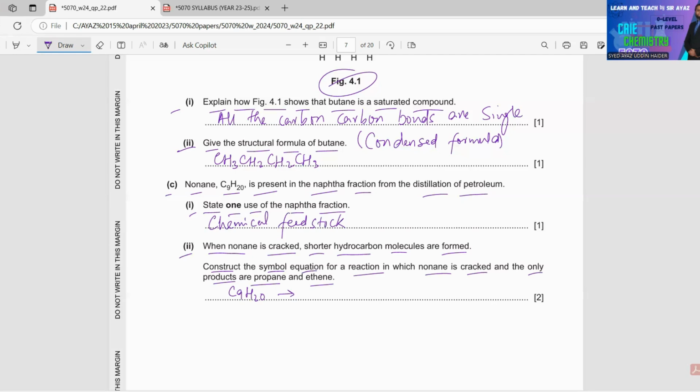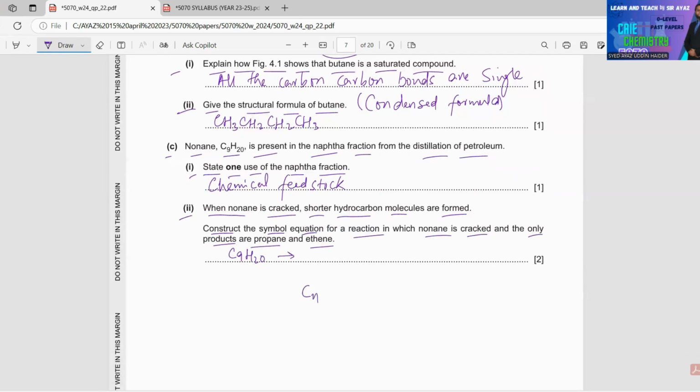The general formula for alkane family is CnH2n+2. So n is 3 here: 3 multiplied by 2 is 6, 6 plus 2 is 8, C3H8. Second is ethene, which is alkene. General formula is CnH2n. It's the first member, so n is 2 here. So you write C2H4.